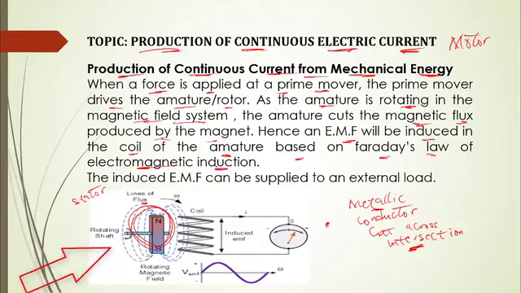So because of the presence of this magnetic field, an EMF is induced inside this system. This EMF can now finally be supplied to an external load, and we say that electric current can start to flow, because it is an EMF that gives rise to the flow of electric current. Without EMF, there will be no current flowing.